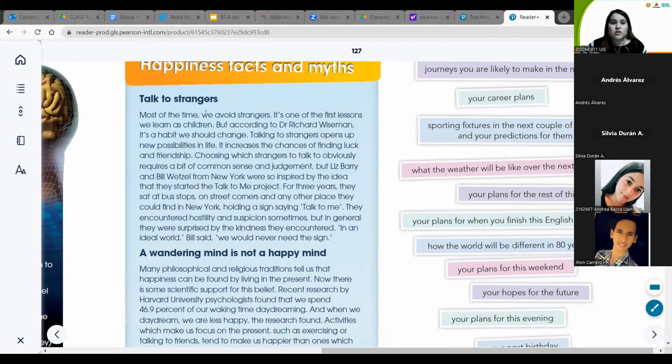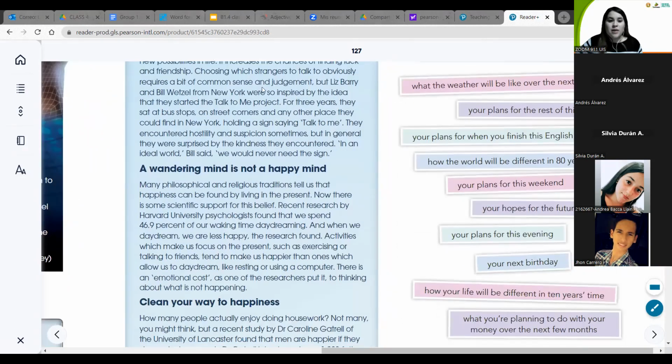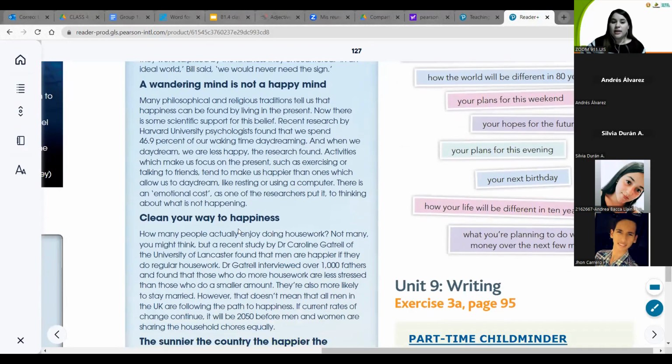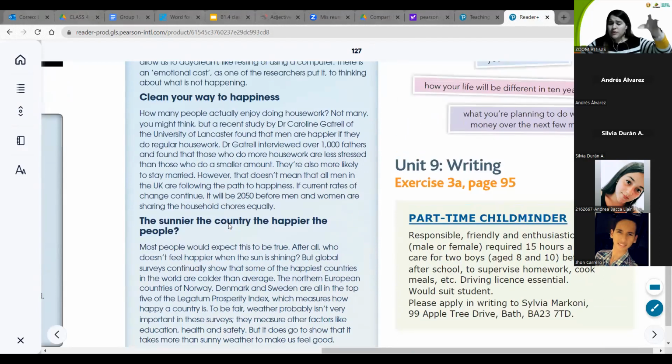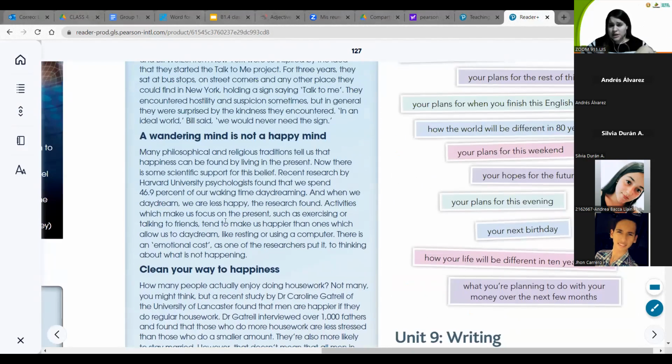Happiness, Facts and Myths, Talk to Strangers, A Wandering Mind is Not a Happy Mind, and Clean Your Way to Happiness. So there is another text here that is very easy to read.